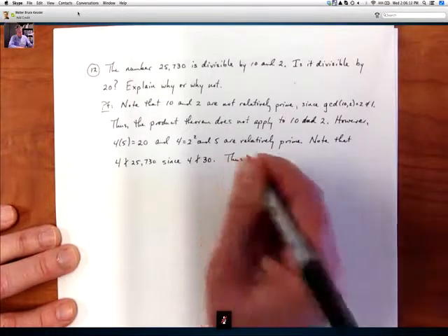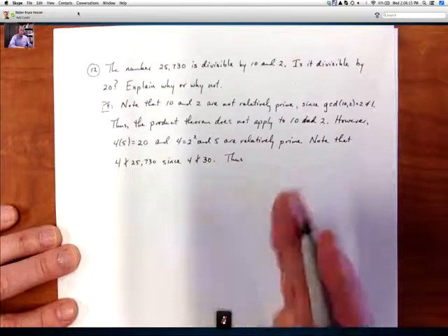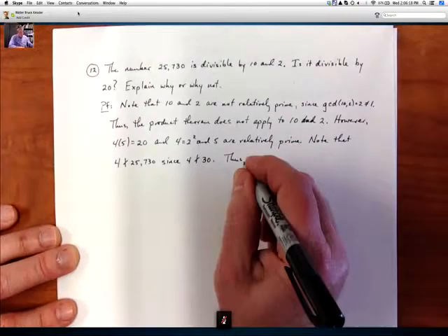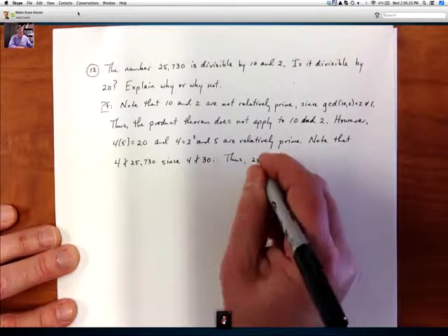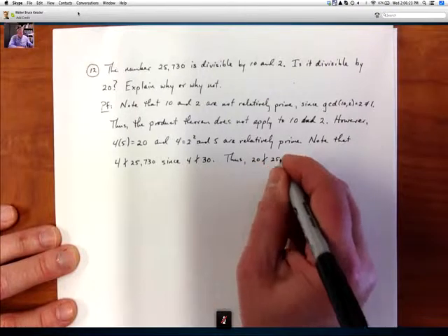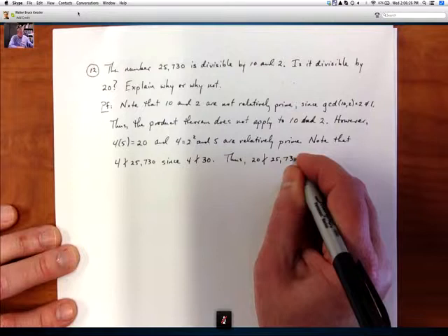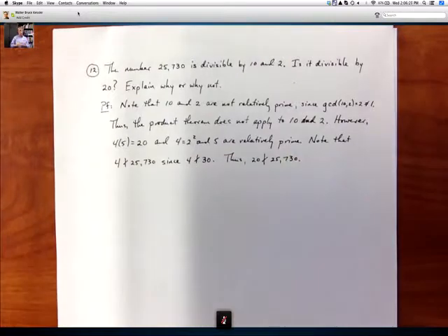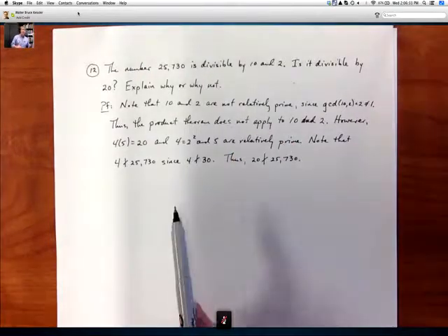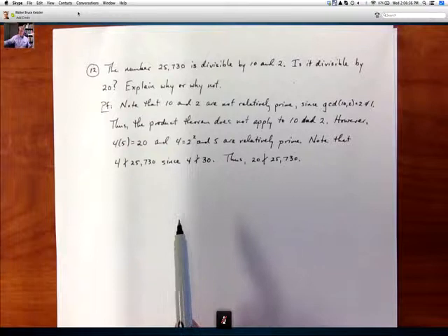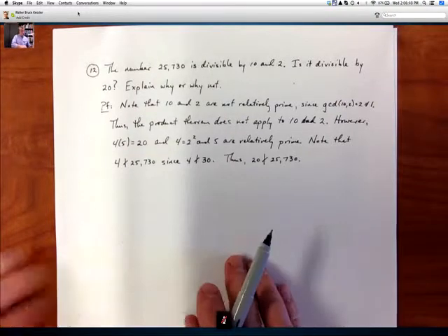Okay, thus, because that one doesn't work, it's an if and only if statement, then 20 does not divide 25,730. Okay, that's all they were looking for on that one. Explain why 10 and 2 don't work, why 4 and 5 would work, but 4 is not going to go. Okay?